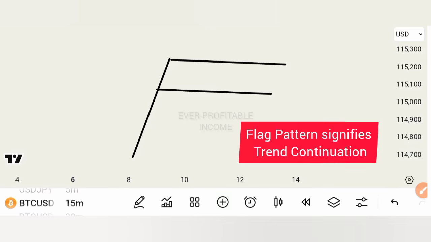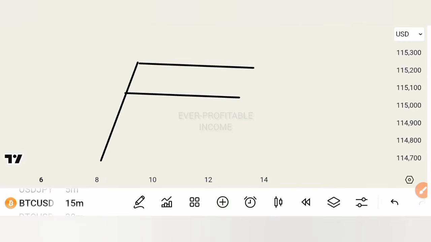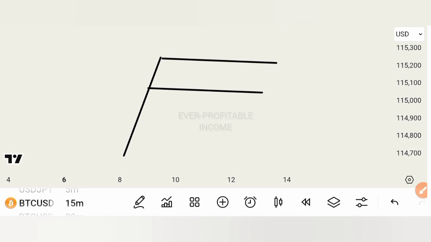It forms during a strong trend and pauses briefly, and the period of pause is the period of consolidation, and then it continues in the same direction. The flag pattern looks like a flag, as you can see over here. This is exactly the pattern you are going to be looking out for on your chart. It must consist of the pole and then the flag itself.